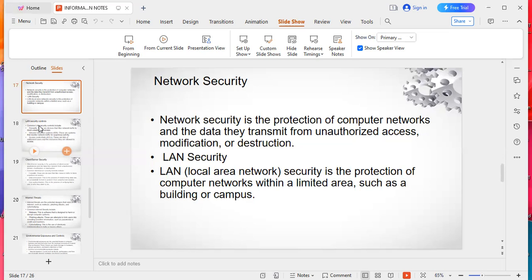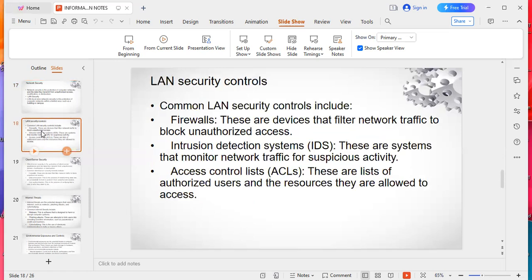LAN security means the protection of computer networks within a limited area, like a building or a campus. Some of the controls include firewalls, which are devices that filter network traffic to block unauthorized access, and intrusion detection systems, which monitor traffic for suspicious activities.